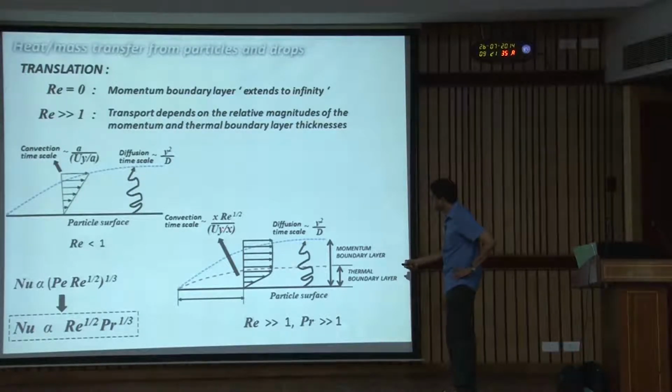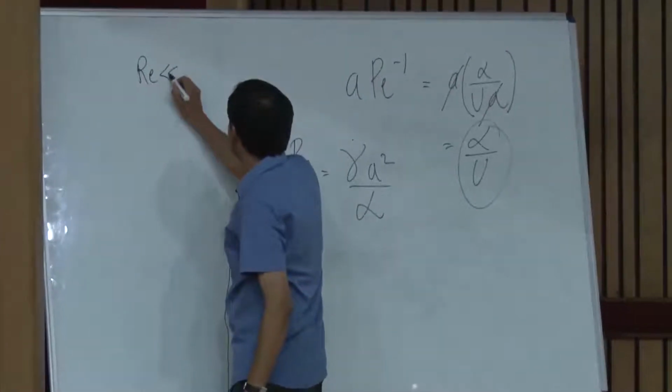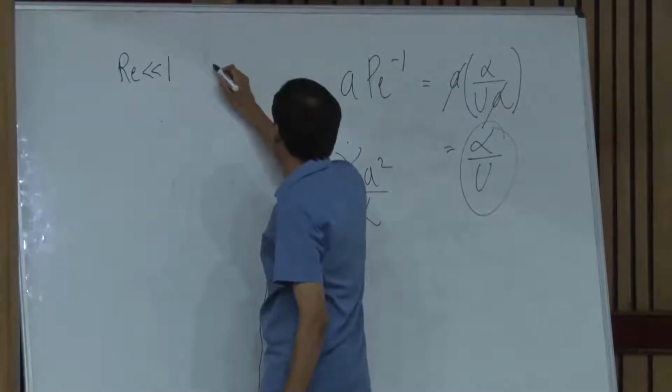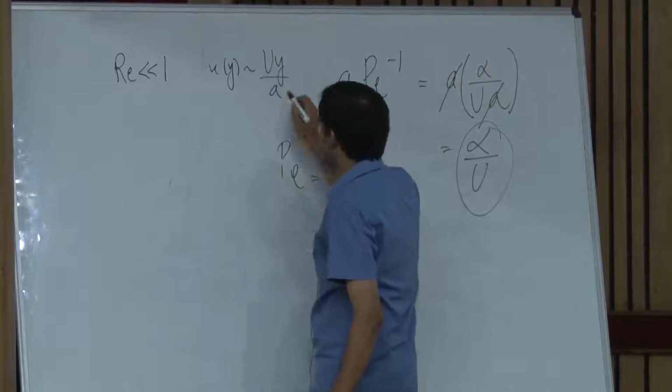So I have Uy, divided by a distance, but really I have Reynolds to the half here. So that's like uy by a Reynolds to the minus half. Let me just write that down. When Reynolds was much smaller than 1, I had the near field velocity increasing like uy by a.